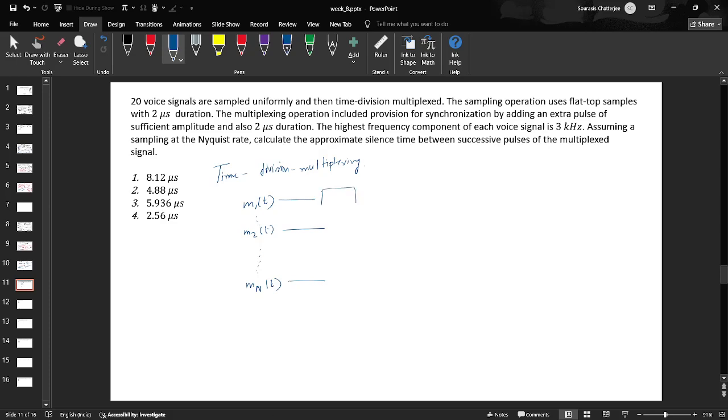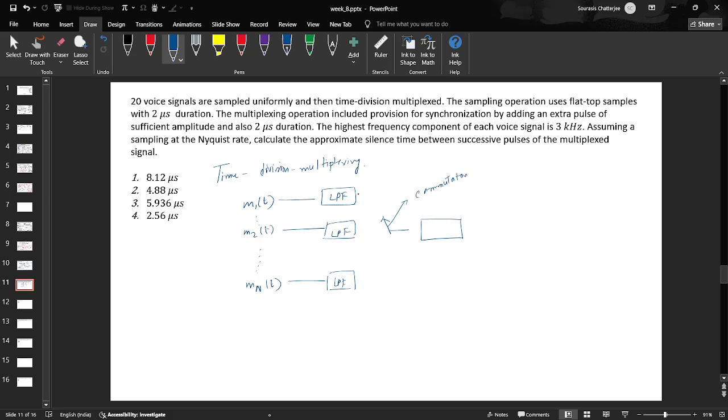All of them you are passing through, let's say, a low pass filter, and what you have here is a kind of multiplexer which combines all of them. By the way, this is not a multiplexer, this one here is something called a commutator.